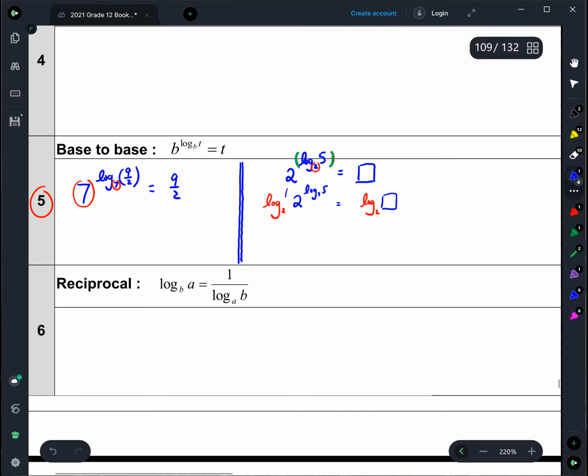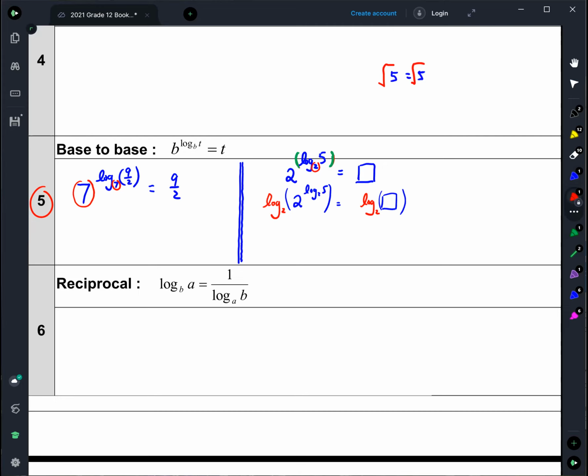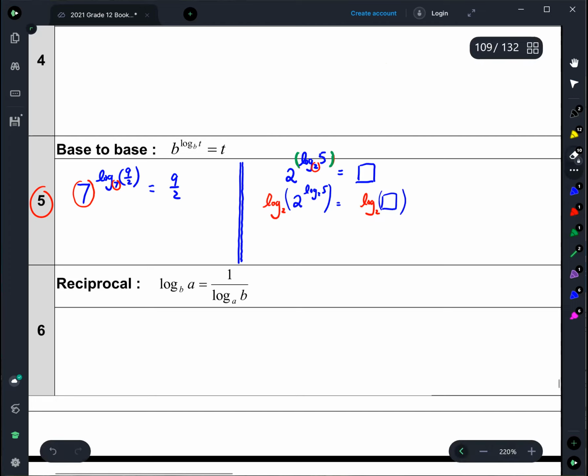So all I did is put the log on both sides, so they still stay equal. It's kind of like if you have 5 equal to 5, if I put a square root on both sides, it will still stay equal, right? So if I apply the log on both sides, it won't change the original equation, right? Left side still equal to the right side.